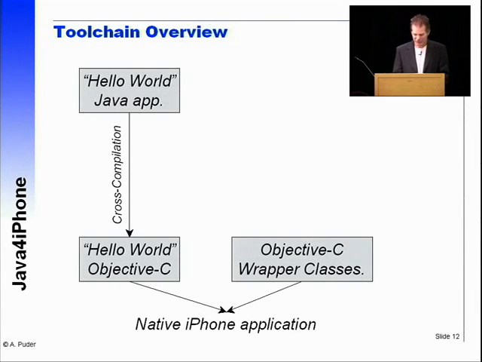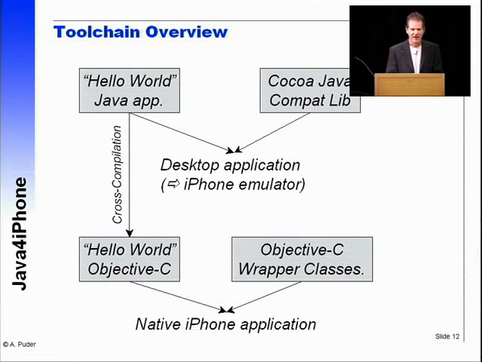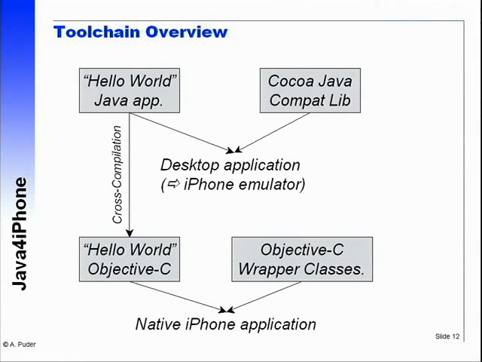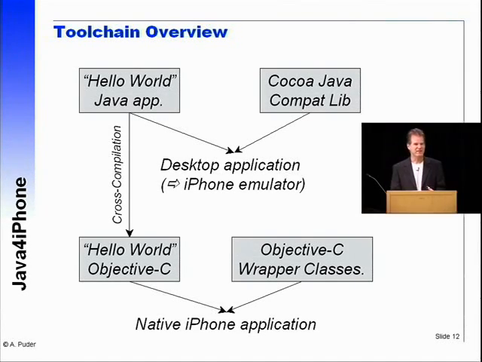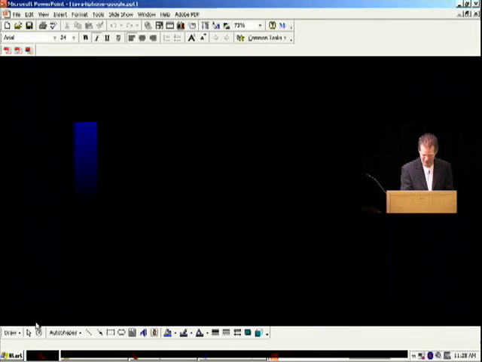Now, you've also seen this Java class called UIApplication. So how about creating a Java implementation of this UIApplication, for example, based on Swing? That means I could run my Java-based iPhone application as a pure Java application on my desktop. That's going to be the first demo I'm going to show you.